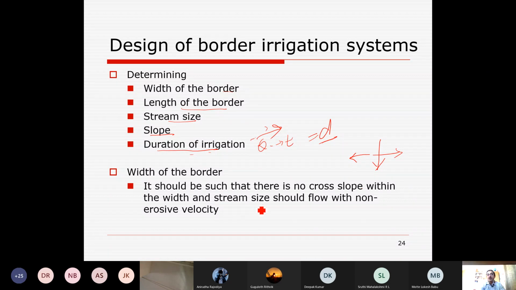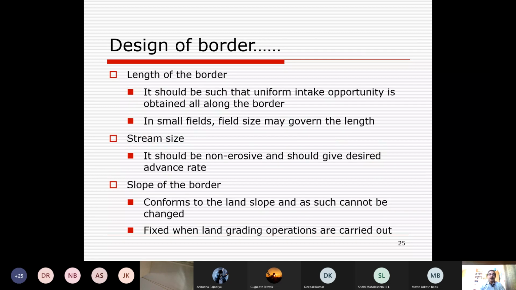Within the width, the stream should flow with non-erosive velocity. If you recall, for channels we took not more than 1 or 1.2 or maximum 1.5, but since this is a field, the velocity of water should be even less, so that it is not erosive and does not remove the top fertile or productive soil from the field.